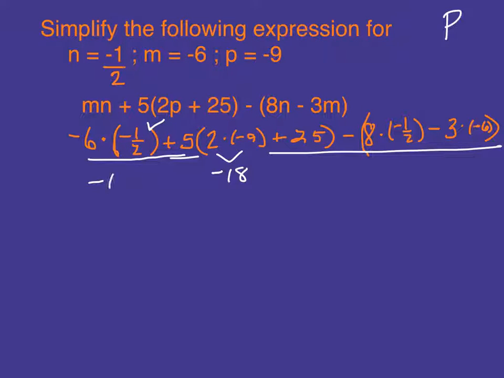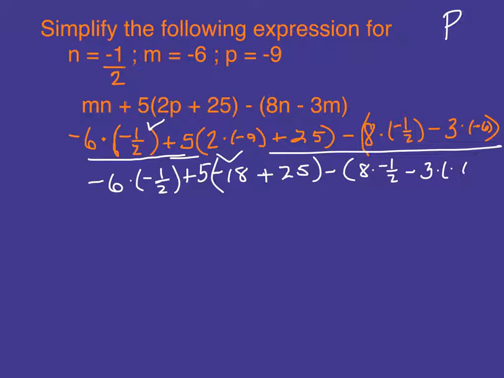So I've got negative 6 times negative 1/2 plus 5 times the quantity of negative 18 plus 25 minus the quantity of 8 times negative 1/2 minus 3 times negative 6.